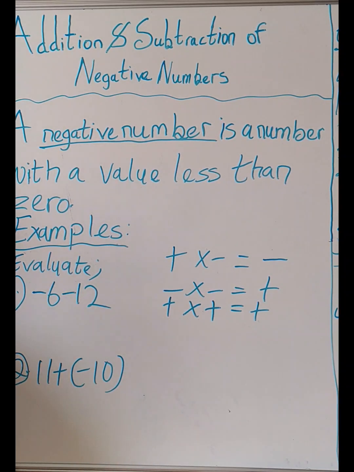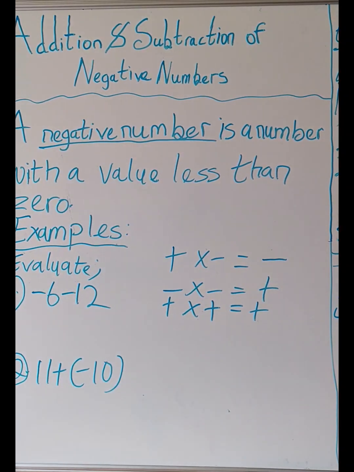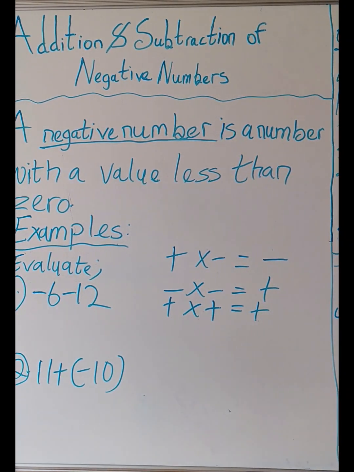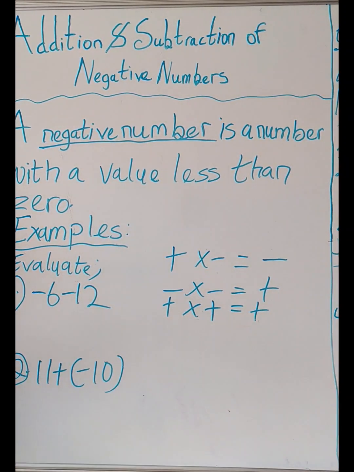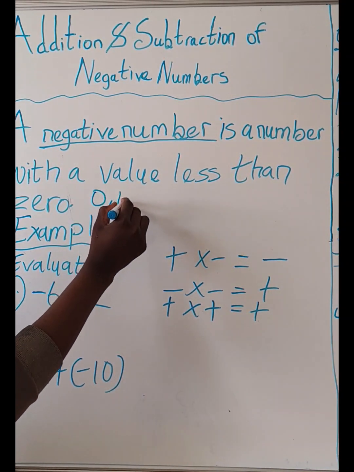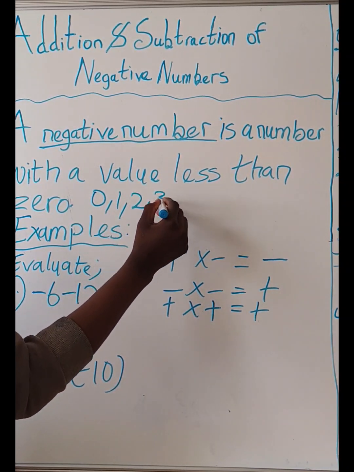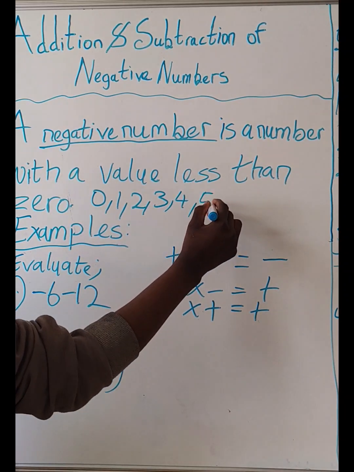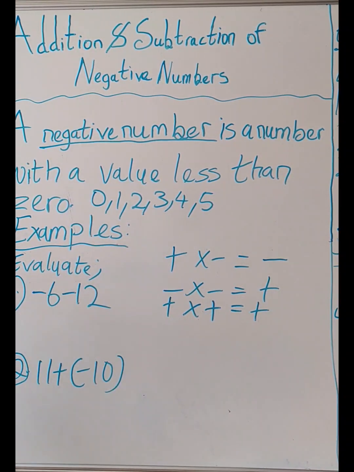So I'm going to start by explaining this. A negative number is a number with a value less than 0. I'm just going to show you a bit of explanation of this. So I have 0, 1, 2, 3, 4, 5. As you can see, I'm going up from 0.